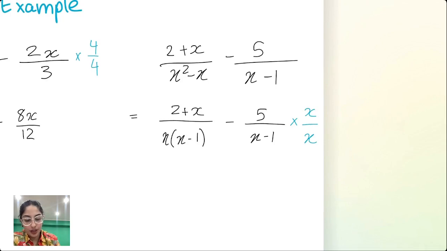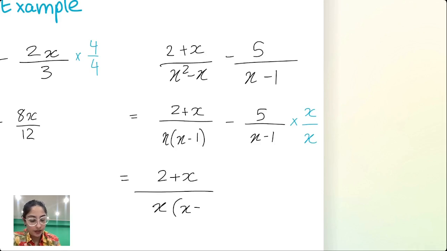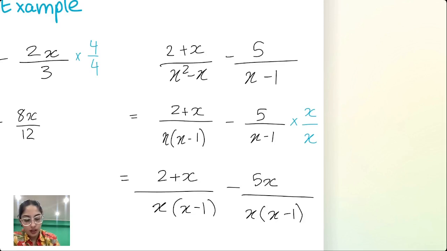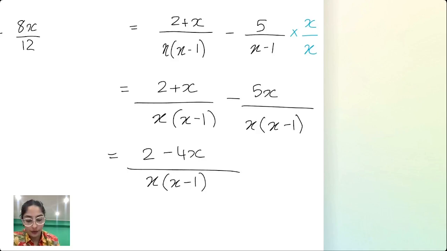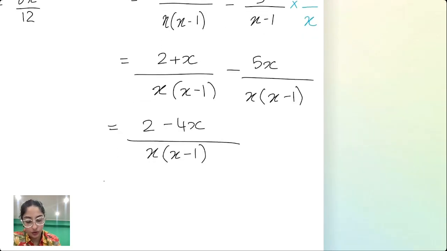So it simplifies to give me 2 plus x over x minus 1, minus 5x over x minus 1. And then I end up with 2 plus x plus 1 minus 5 is minus 4x, all over x minus 1. And then I do see that I can factorize the numerator, so I can pull a 2 out.